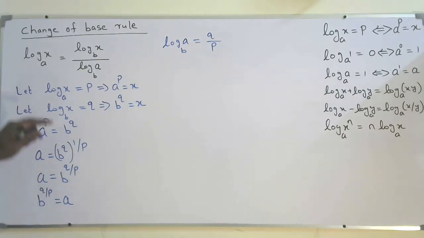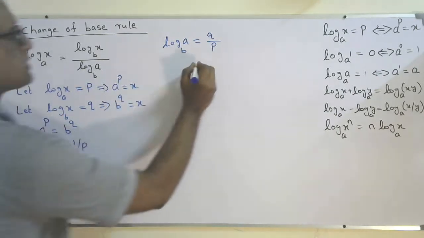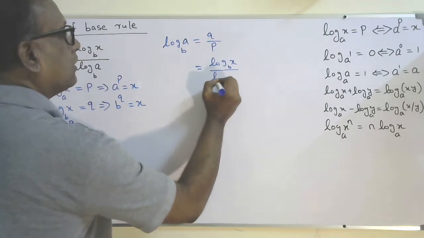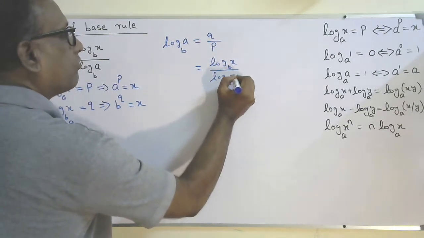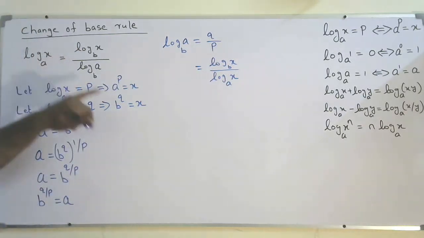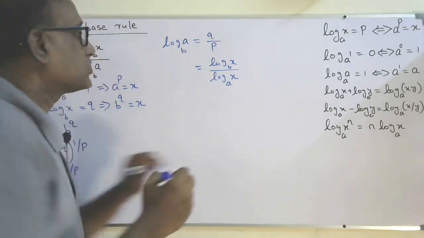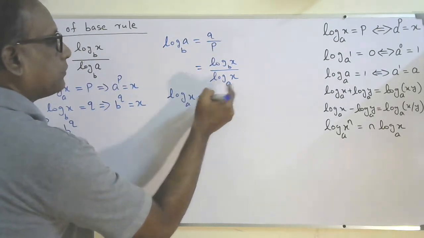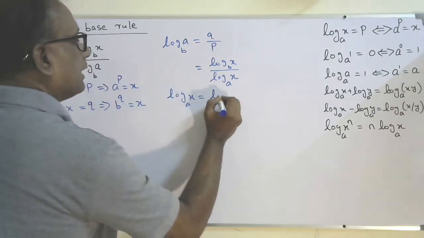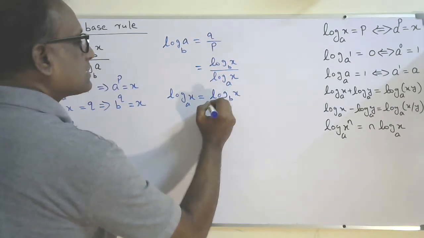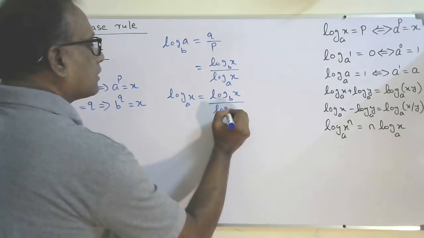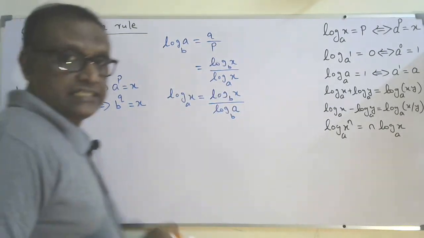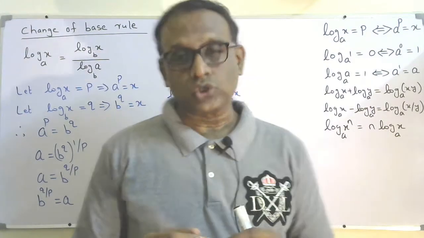But I know what q is: q means log b of x, divided by p, which is log a of x. Here I want to take log a of x as the subject, so bring it down: log a of x equals log b of x divided by log b of a. So that's the derivation for the change of base rule.